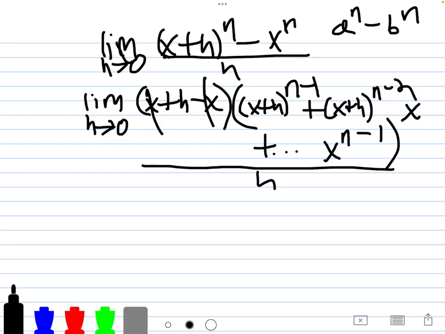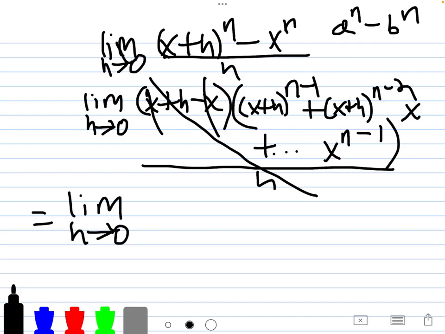And since we only have h being multiplied by another factor on the numerator, and we have an h at the denominator, we can cancel out the h on the numerator and the h on the denominator, which would leave us with this limit statement. And I'll just leave out some of the middle terms to leave us some space.